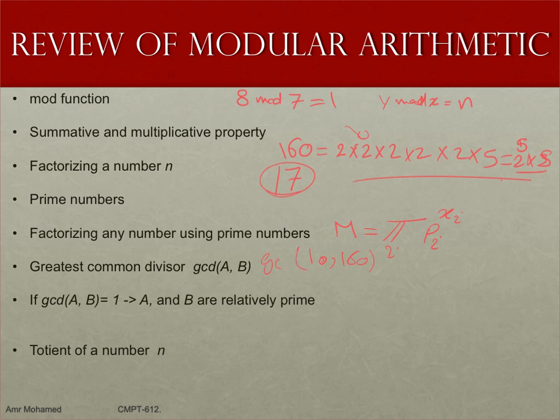What is the greatest common divisor between 10 and 160? It's 10. This can be factorized as 2 and 5, and this can be factorized as 2 to the power 5 and 5. So the common part between them is 10, because 160 can be divided by 10.